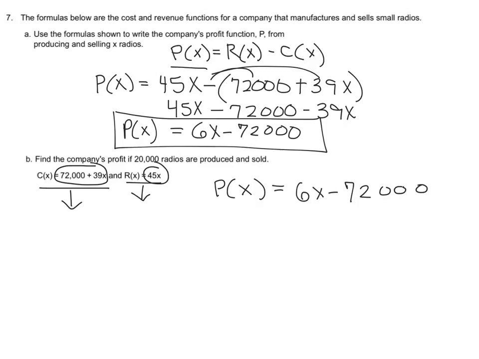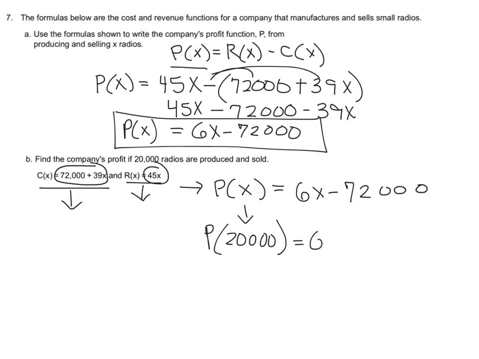Part B. Find the company's profit if 20,000 radios are produced and sold. To solve this, I'm going to take my profit function that I found in Part A and substitute x for 20,000. So I'm going to find the profit of producing and selling 20,000 radios.